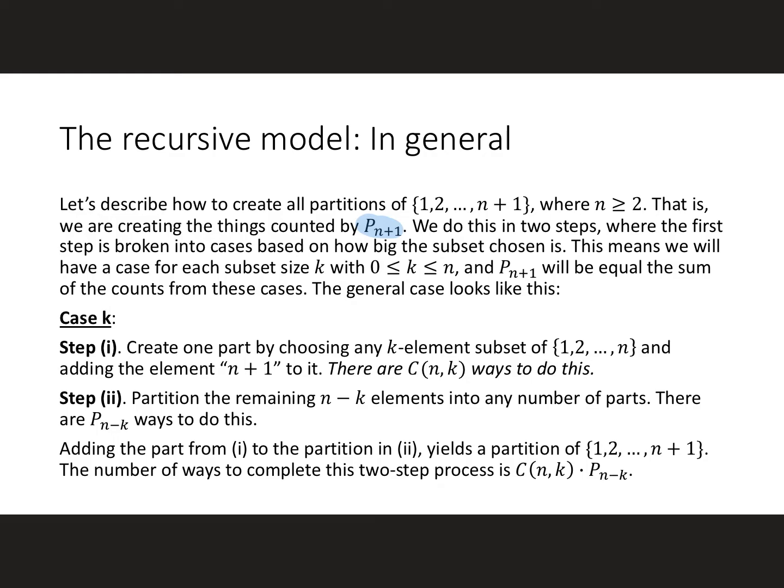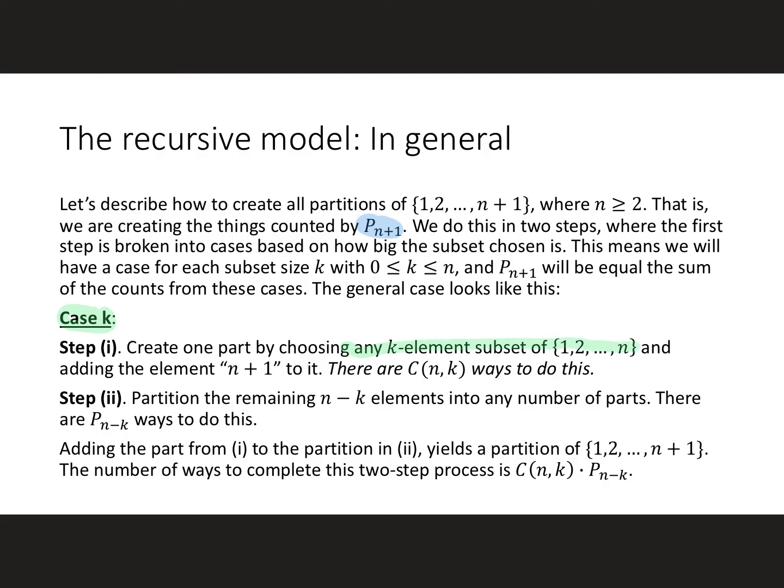We define the 2 steps that we're going to do to build these things, just like we did before, except we say ahead of time that we're going to break these into cases based on how many things we're choosing in step 1. So case k is going to be where I start in step 1 by choosing any k element subset of 1 through n.